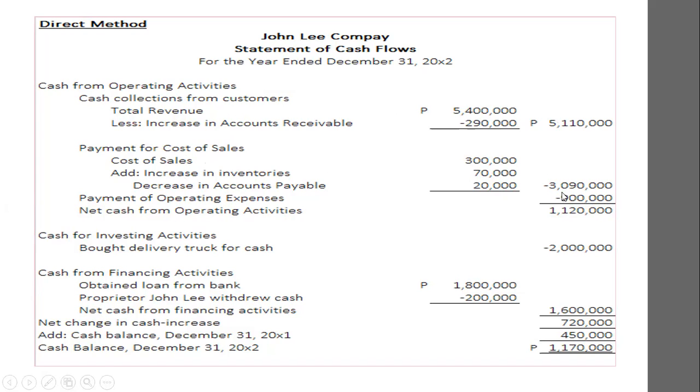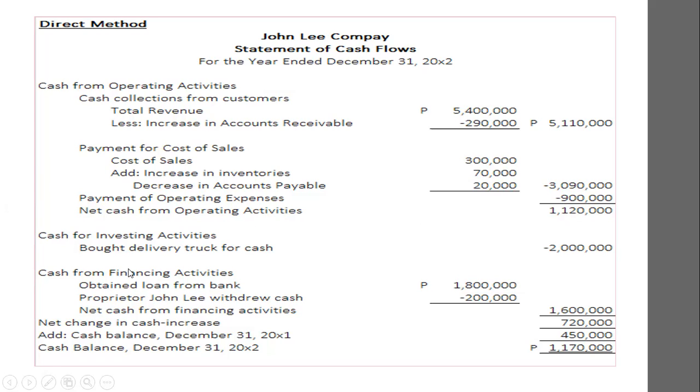Kaya po naging negative 3,090,000 yan. So, indication lang yan na mag-less tayo. Okay? Na magma-minus tayo. Then, same with 900,000. Mag-less po tayo. So, payment for operating expense, mag-less po, kasi nga po, nag-decrease po ang ating cash. Okay? So, 1,120,000 total of net cash from operating activities.